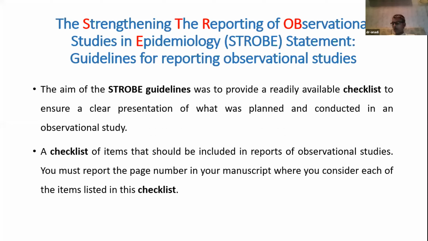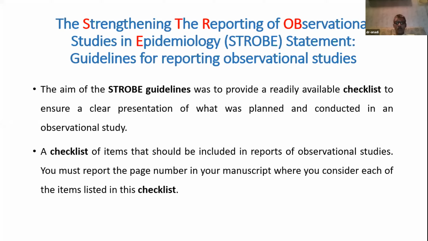The last important part is the STROBE guideline, or STROBE statement, for reporting observational studies. STROBE means Strengthening the Reporting of Observational Studies in Epidemiology. The aim of this STROBE guideline is to provide a readily available checklist to ensure a clear representation of what was planned and conducted in an observational study.